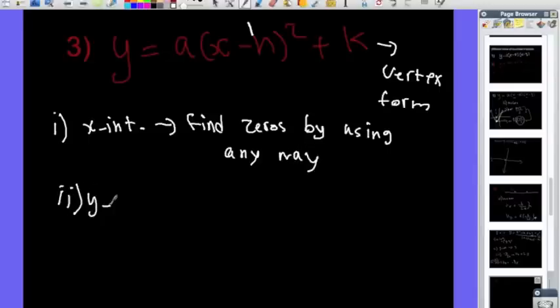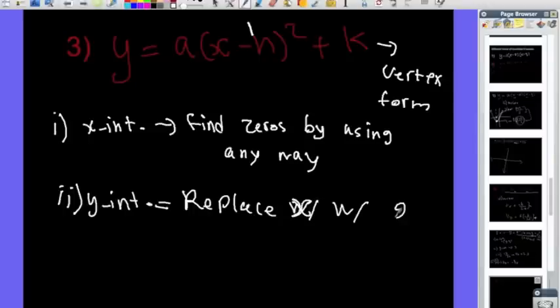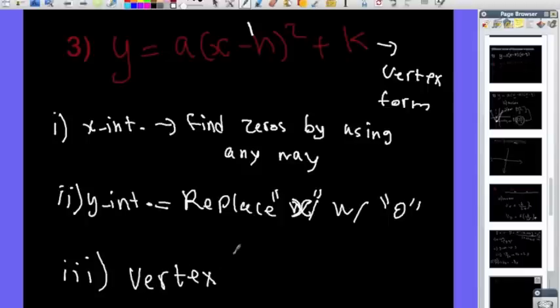And then for the y-intercept, you need to replace x with 0. And for the vertex, it's not that hard to find in this form because it's pretty much given in the whole thing. The vertex point is h and k, so h and k are the vertex points.